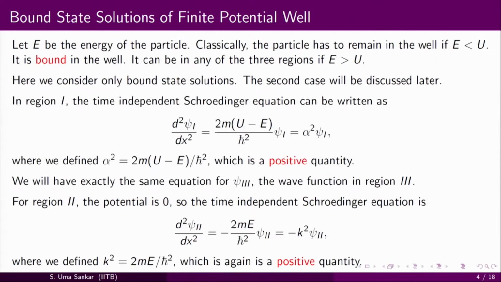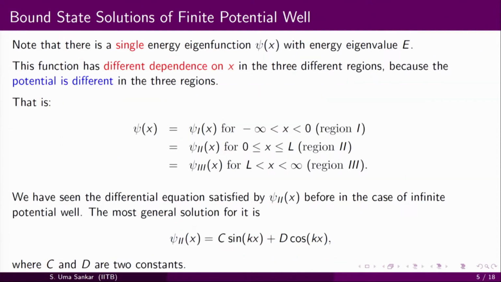If you see the equation, we have d square psi 2 by dx square is equal to minus k square psi 2. This is the same equation that we had in infinite potential well, and the solution in general is some constant times sin kx plus some other constant times cos kx.